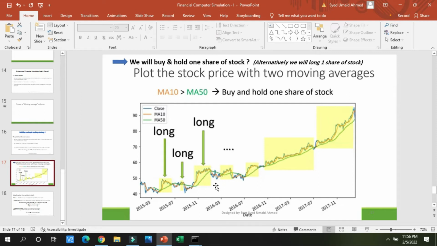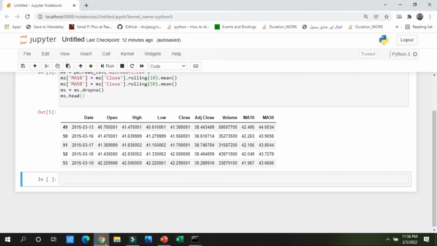So we will create a shares column, and this shares column will be created using a list comprehension, which we studied in the last lecture. So I am writing ms, and I will create a new column named shares.